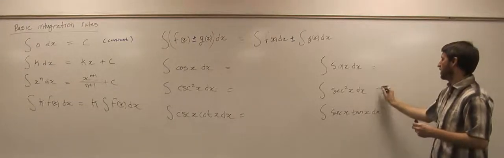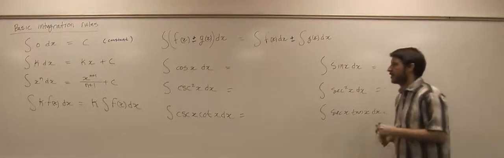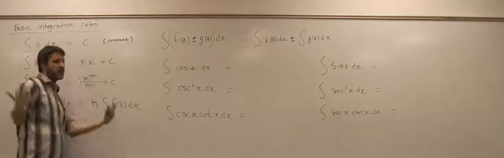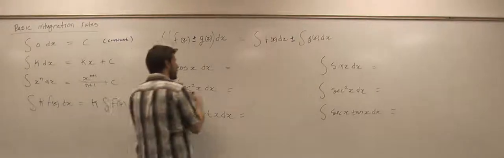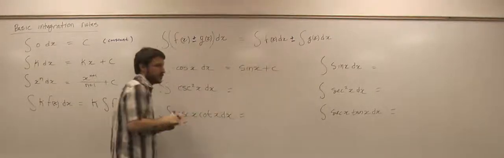So we know all of these indefinite integrals. So cosine. What do you take the derivative of to get cosine? Derivative of sine is cosine. So the integral of cosine is sine x plus c. There's your family of functions.